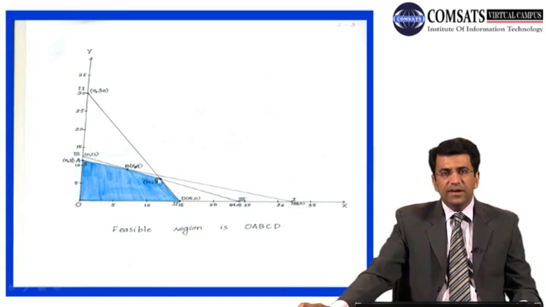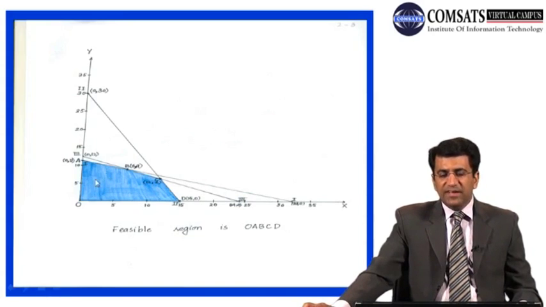Similarly, this is the third constraint, the third line, and we also draw that. So we drew all 3 lines on the graph. And now again, what will be the feasible region? The feasible region will be that region which is the common area for all of the 3 lines, that is line 1, line 2, line 3.